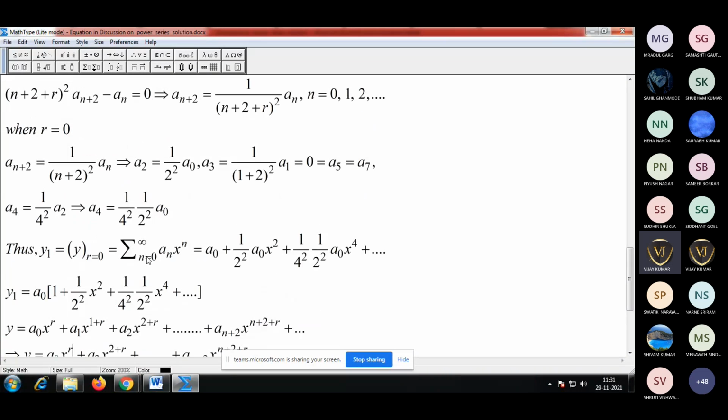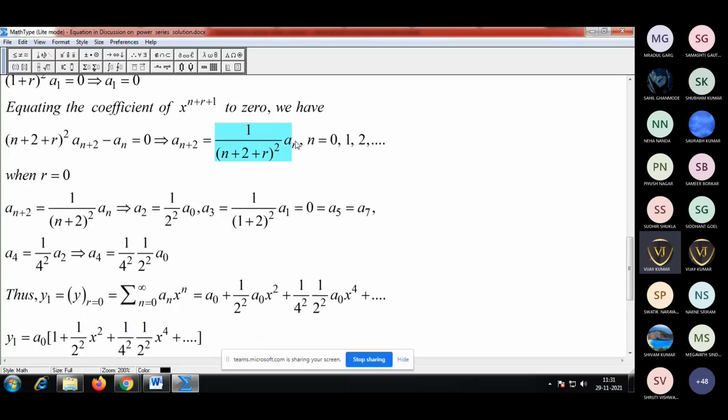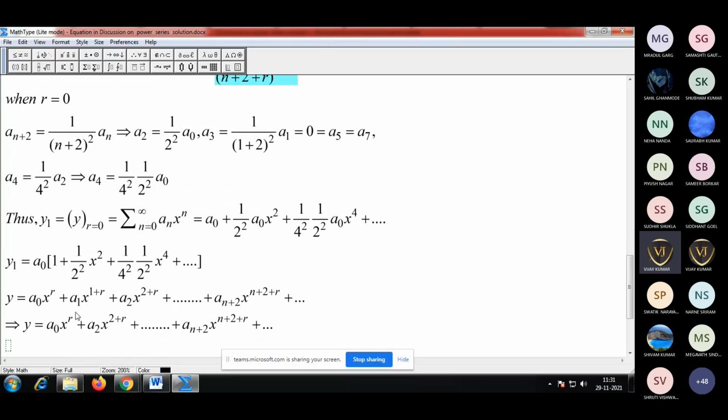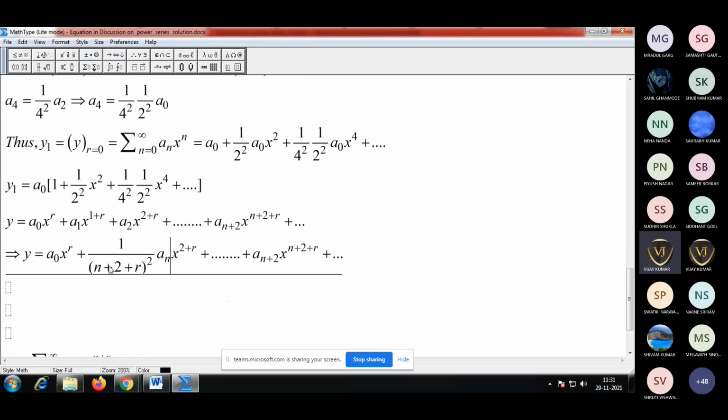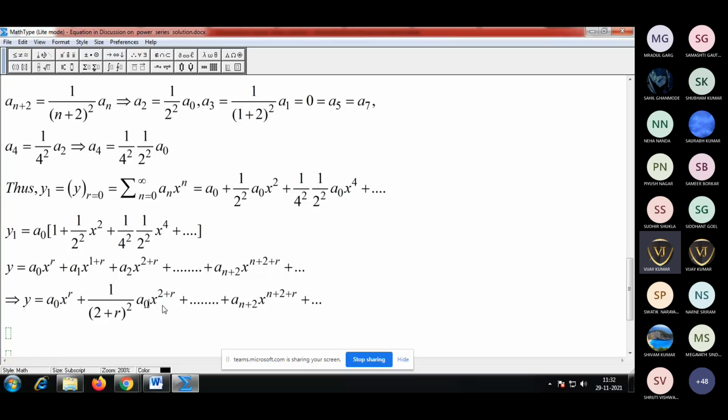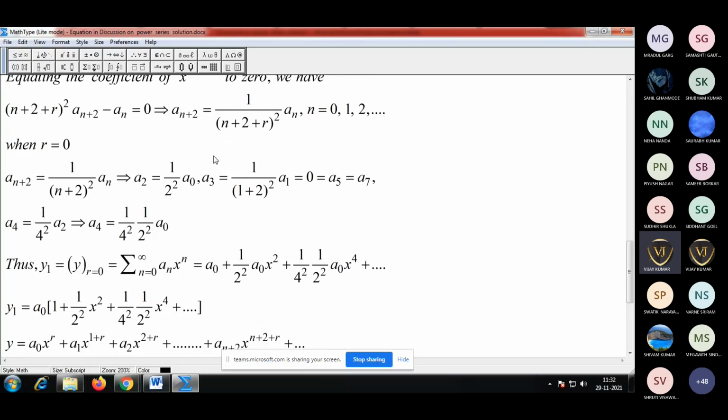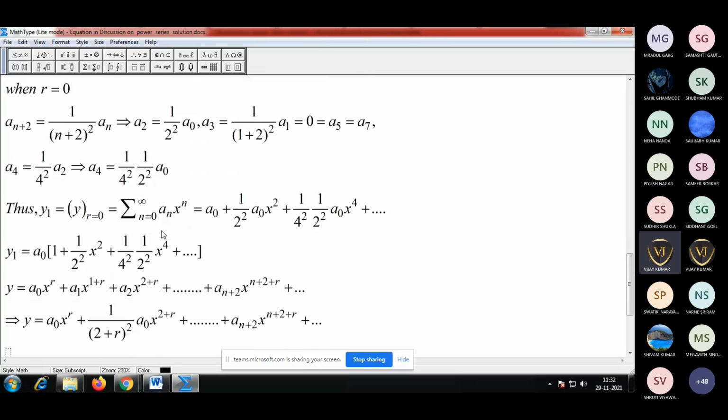Now in place of a2, we may write this terms a2. It means n is 0, so 2 plus r whole square. A naught x to the power 2 plus r, then a naught plus this one.